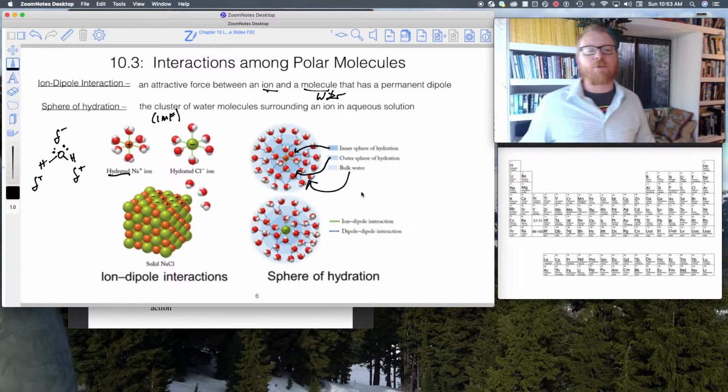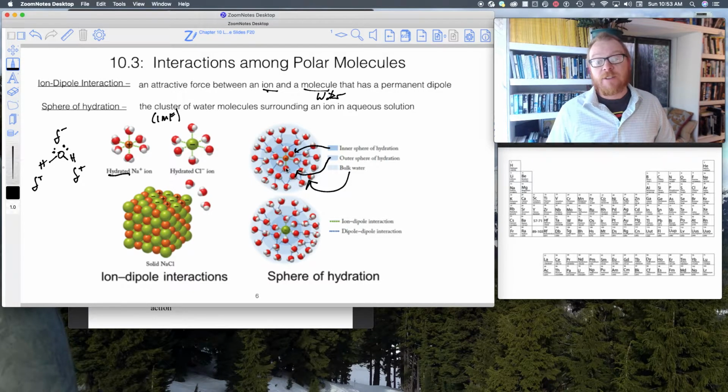So as we get into chapter 11, we'll talk about this when we have concentrated solutions of ions. There's some very interesting properties that manifest, namely osmosis, as well as boiling point elevation and freezing point depression. So we'll talk about that soon, okay?